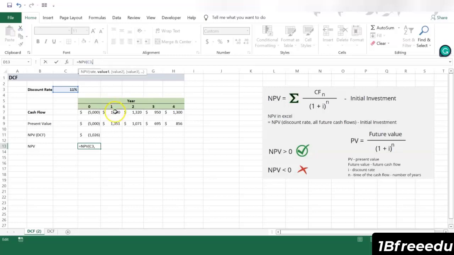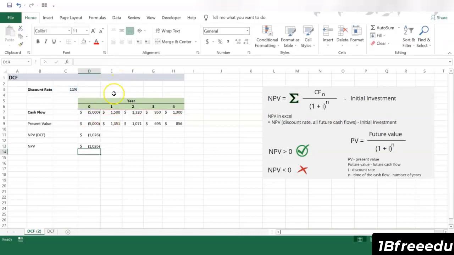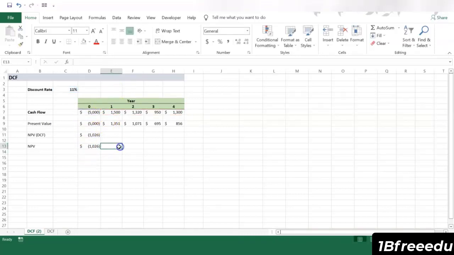So select everything from year 1 to year 4, close the parentheses, and then subtract the initial investment. In this case, I put in a plus sign because we have already written the initial investment as a negative number. And we obtained the same net present value.